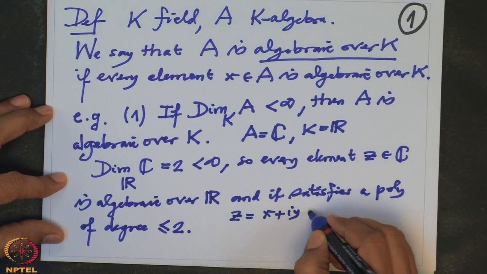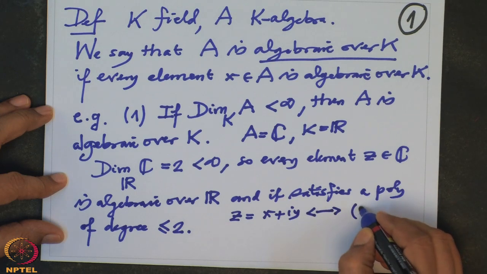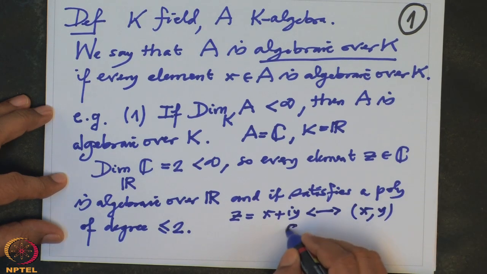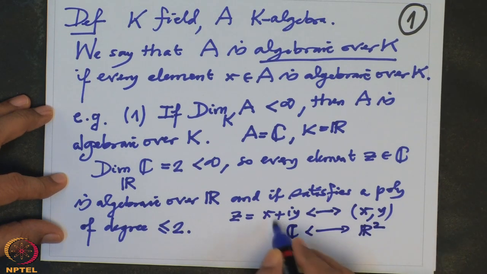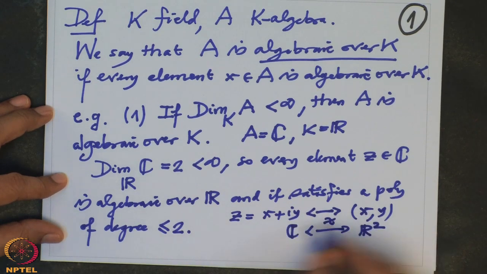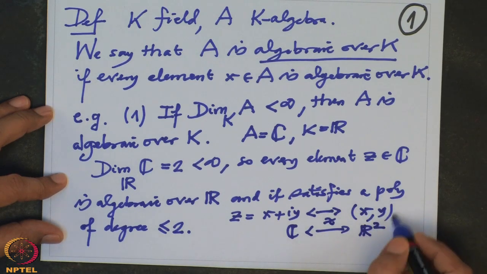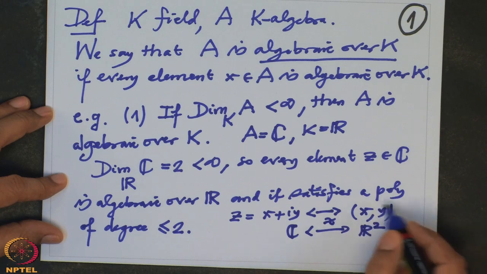So think of this x plus iy as (x, y), because we have identified C with this real vector space of dimension 2, and this is the isomorphism between them. 1, i is a basis. So I want to find a minimal polynomial of this, which is a particular case of the earlier example. I will do it by finding the matrix of the left multiplication by this element.